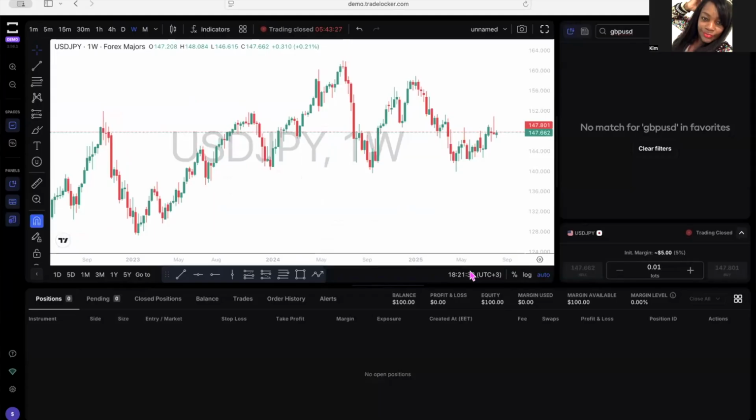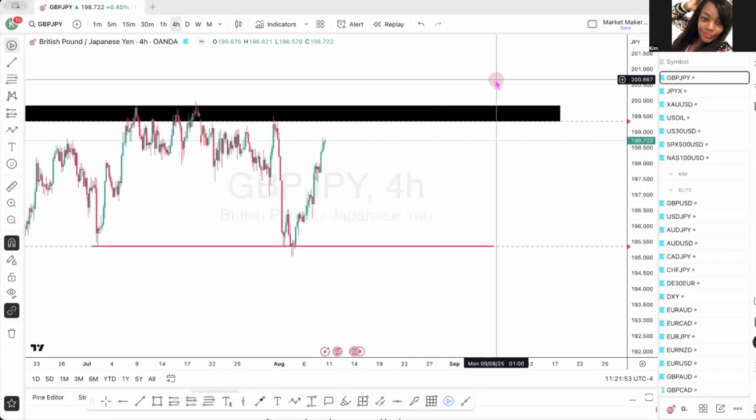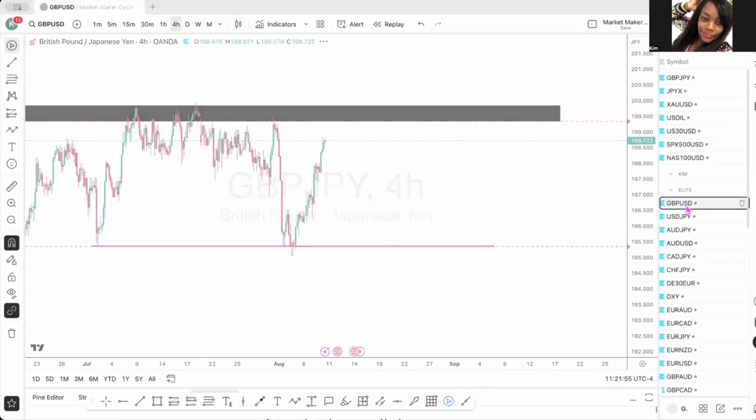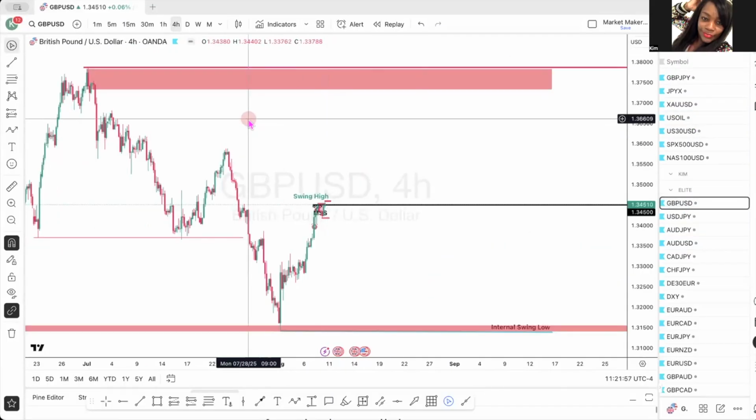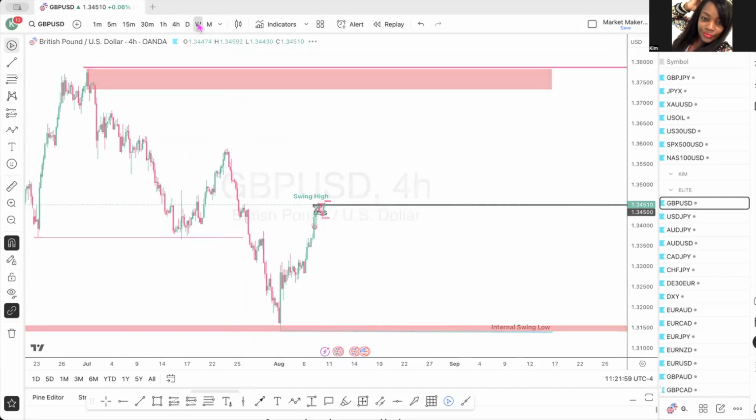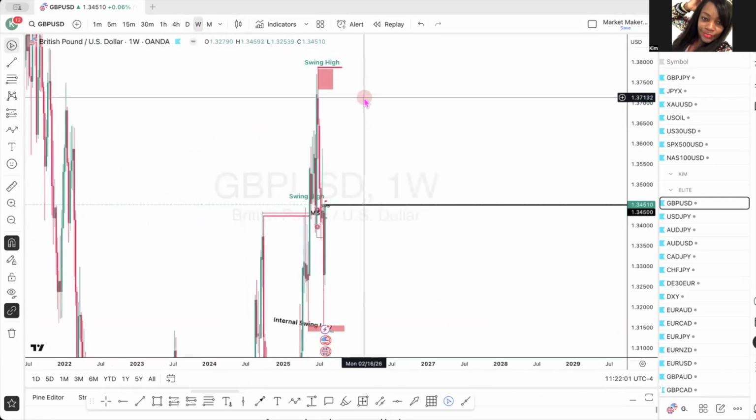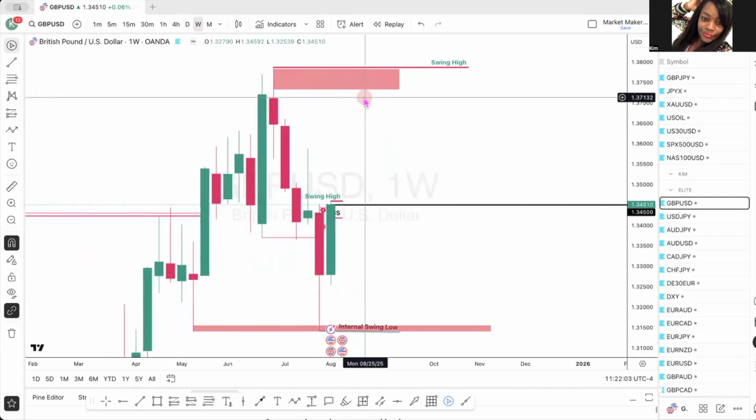All right. So the first thing, as always, we go to TradingView to analyze our chart. For the sake of today, we're trading GU. It's the end of the week, so we can just look at the weekly.